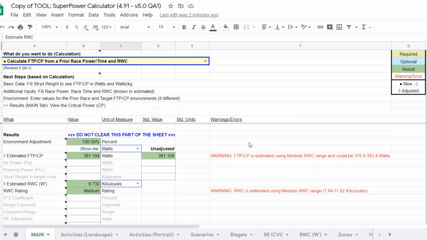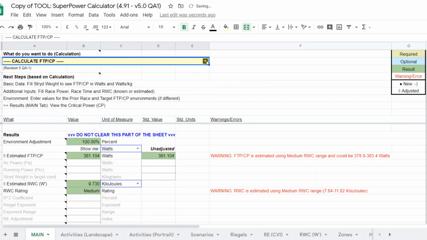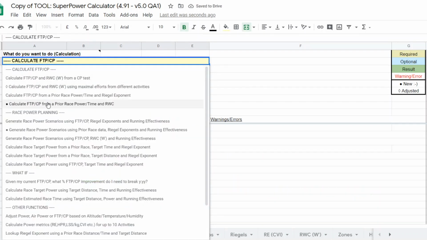So this, again, is a calculator that's to be released in version 5.0. It is the fourth of the various calculators for calculating FTP or CP. This one is for application to race data for races that are generally 30 minutes and under.